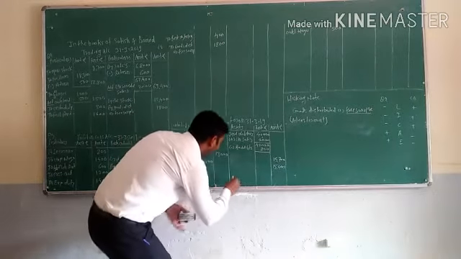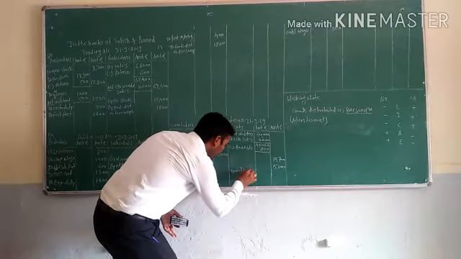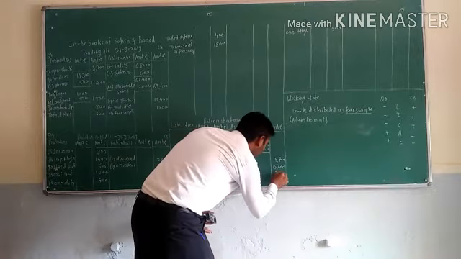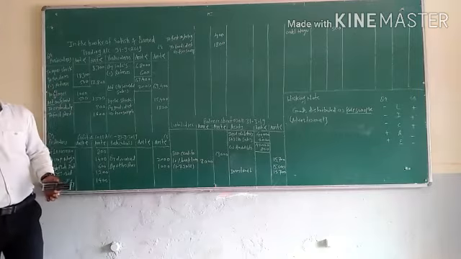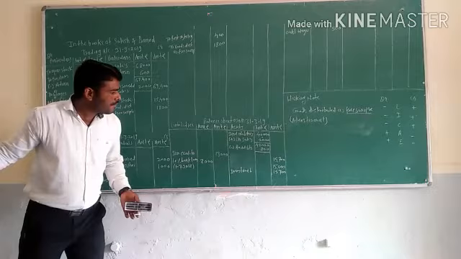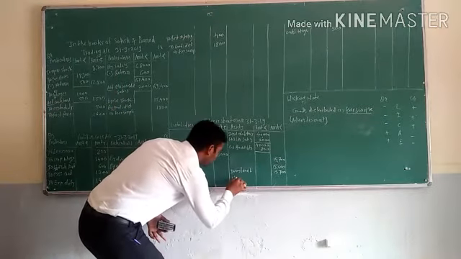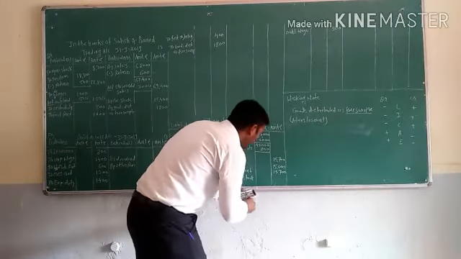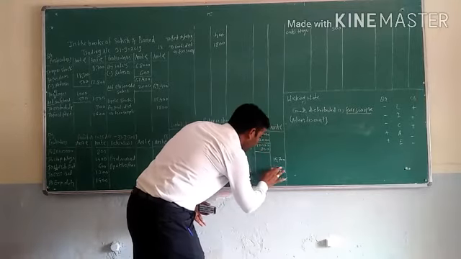Draw here and write last investment, the amount is 15,700, and the second transaction is closing stock, the amount is 15,400.